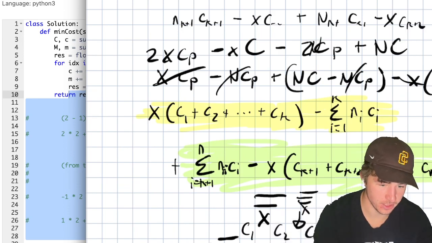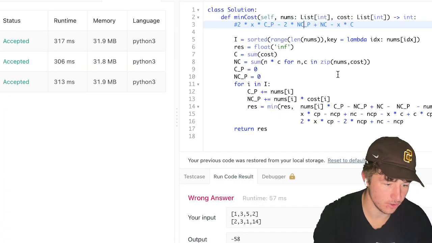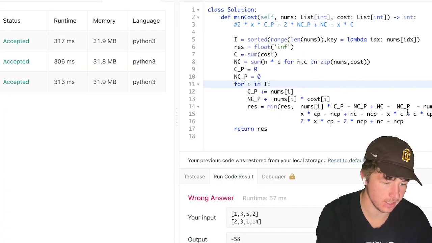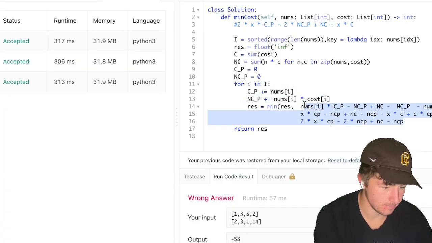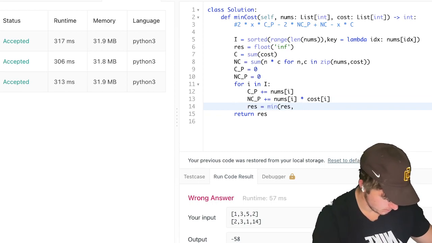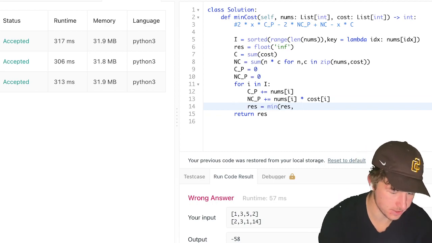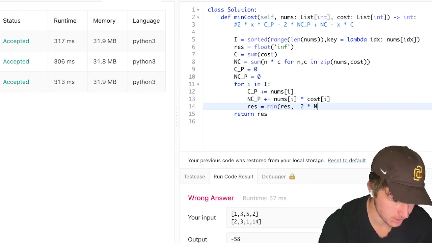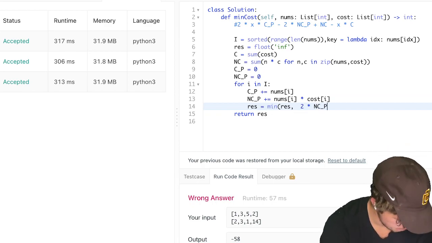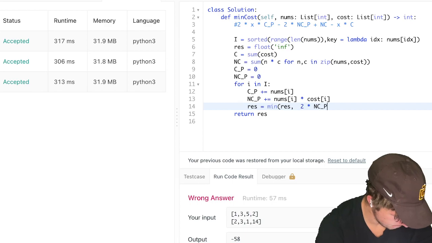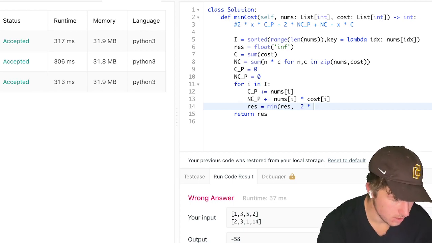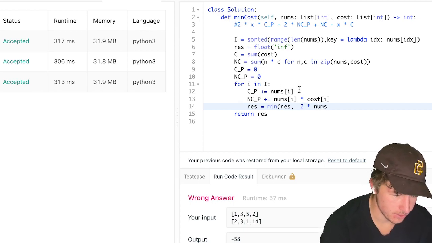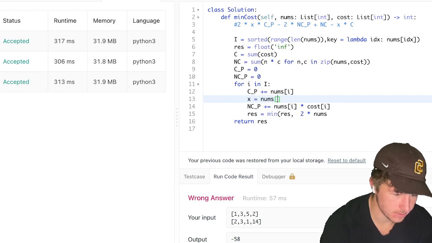So the final formula is, I don't know if somewhere along the lines I messed it up. I mean, I definitely did. But the final formula, according to the second try, is 2 times NC prime. Wait. 2 times x. Okay, we're going to just make x equal nums of I because I'm confusing myself.